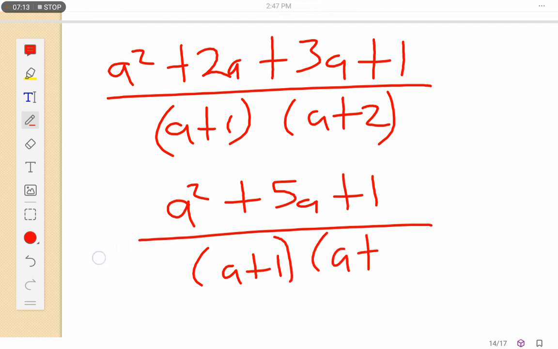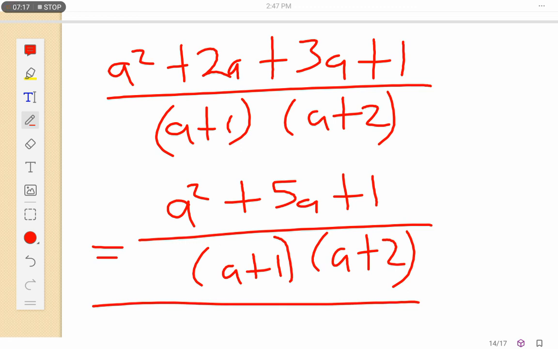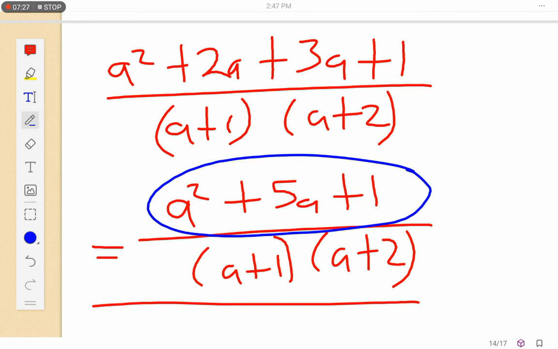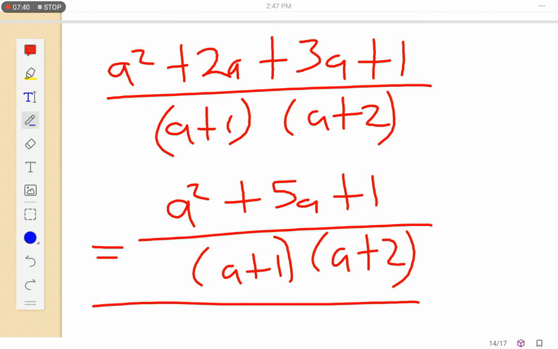We can either leave it like this because we have added, or we can see if we have factors for a squared plus 5a plus 3. Let me see. I don't think we have. So this becomes our final answer.